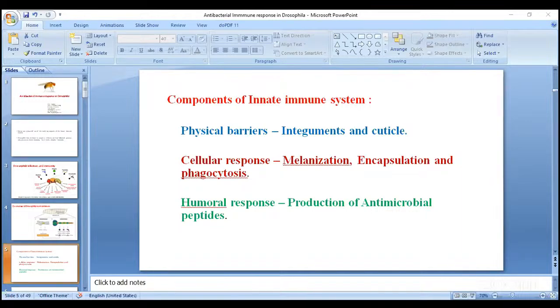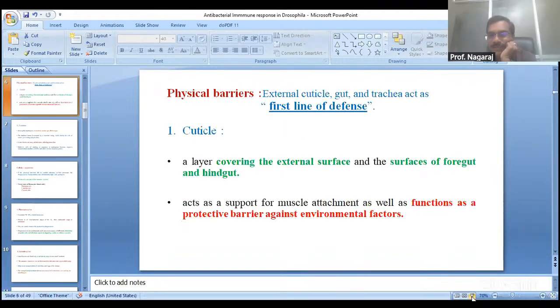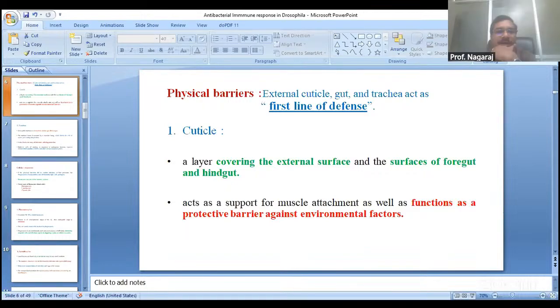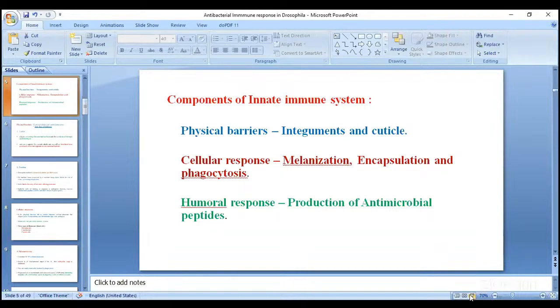Double click on the slideshow symbol, sir. You can press F5, sir.